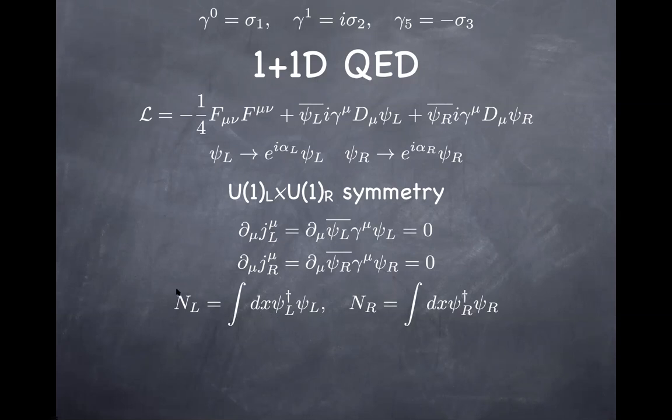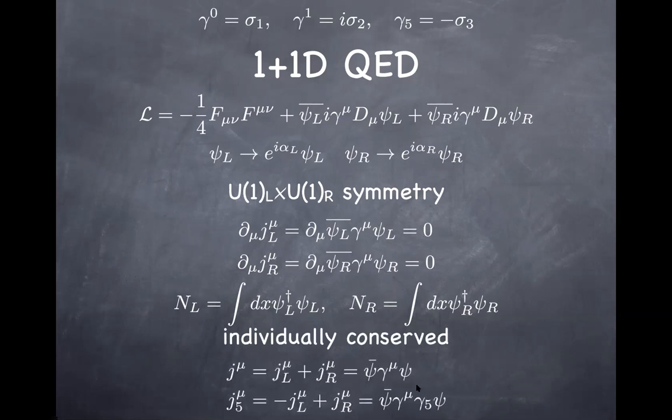That gives me the total number of left-handed fermions, in the same way that this gives me the total number of right-handed fermions. And we expect each of them to be individually conserved. So that is the expectation from the classical symmetry of the Lagrangian. Any questions about this? Okay, so 1 plus 1 dimensional QED is expected to have these two conservation laws.